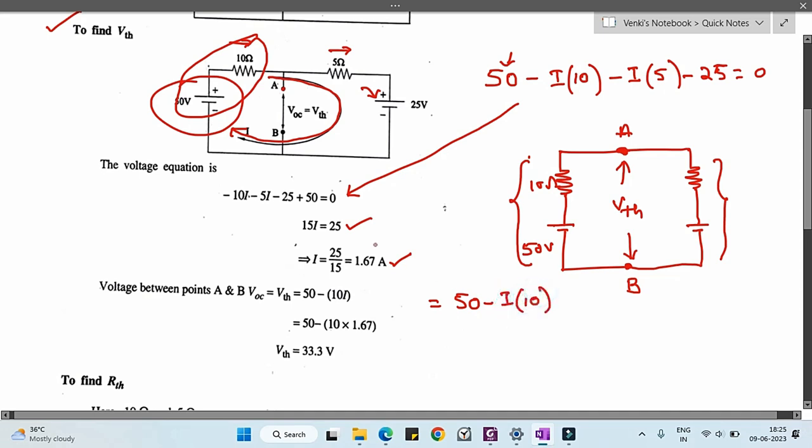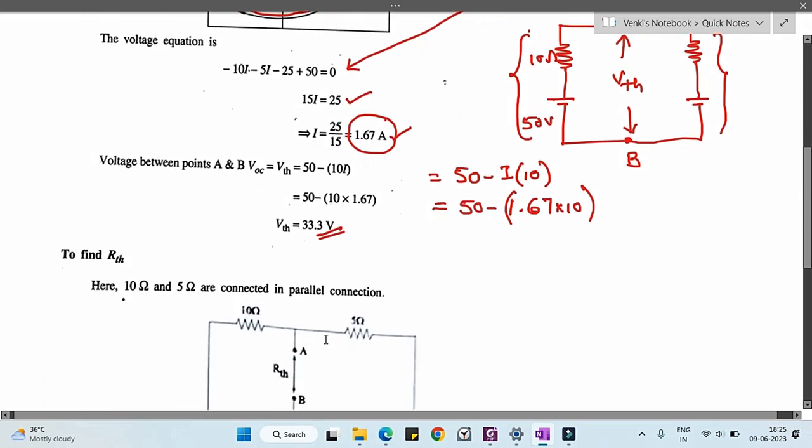What is the I value that we got? The I value we got is 1.67 amps. So we substitute that I value here: 50 minus 1.67 into 10. On simplifying this, you will get 33.3 volts. So we have calculated the V Thevenin.